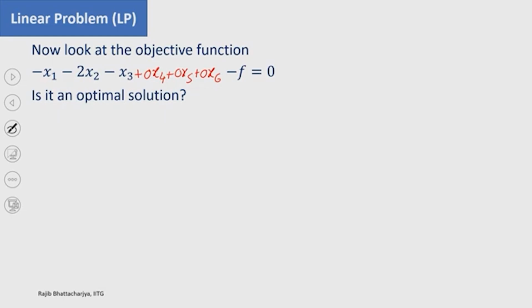Now, let us look at this particular objective function. Here you can see all coefficients are negative, and this is a minimization problem.